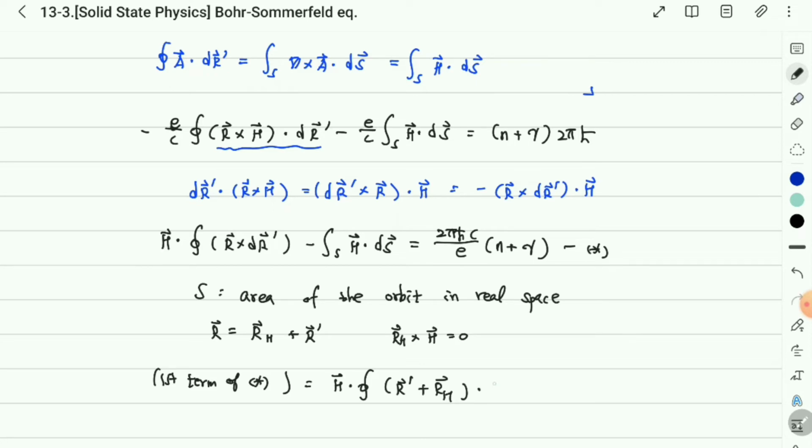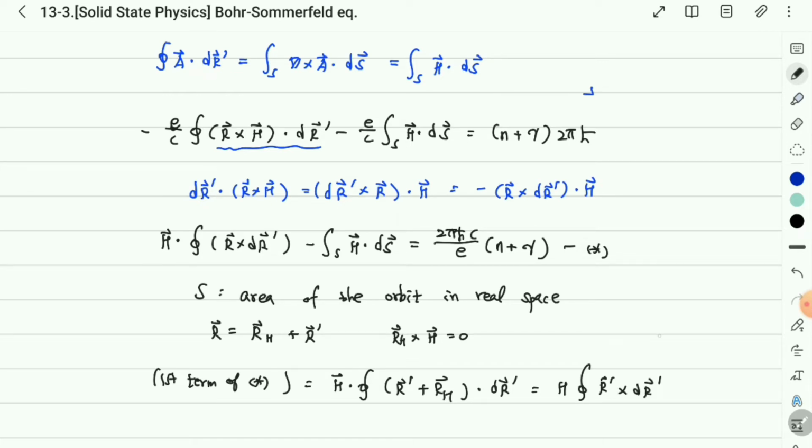The R prime here is equal to h times the integration of R prime cross dR prime.